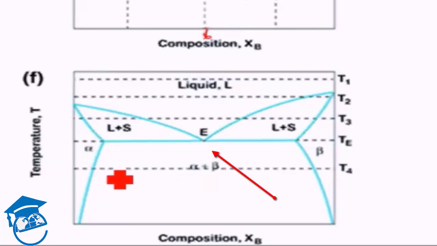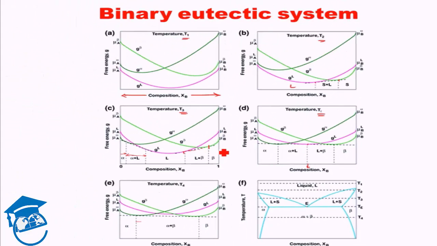T4, beta, alpha plus beta. So using free energy at different temperatures, we found out which phase is stable for what composition range. We plotted that, and combining all the temperature information, we got the phase diagram for a eutectic system.